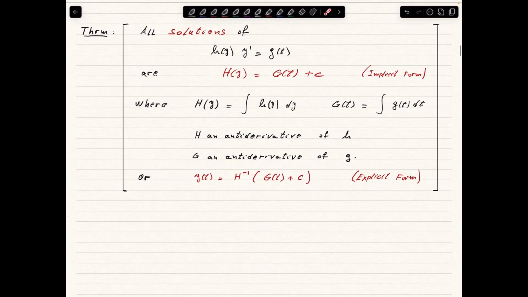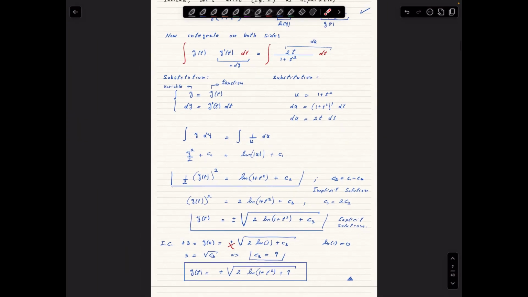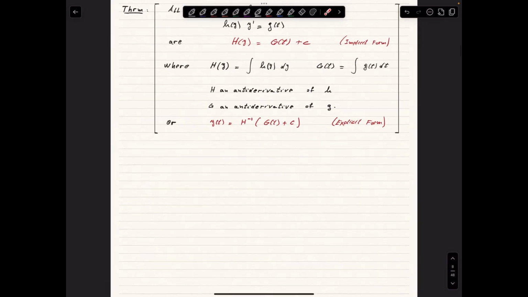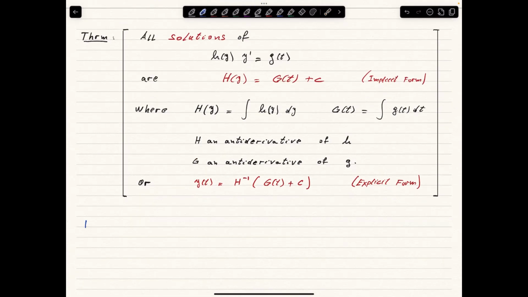So the proof of the theorem is essentially to repeat this calculation with an arbitrary function h of y and an arbitrary function g of t. So let's repeat it, and then we are done for today. Proof.